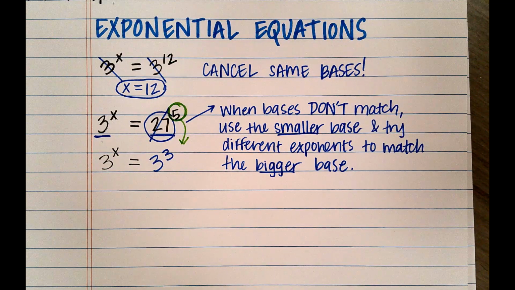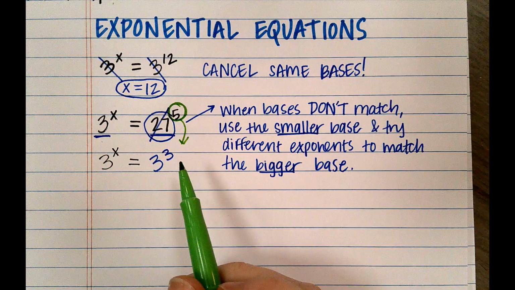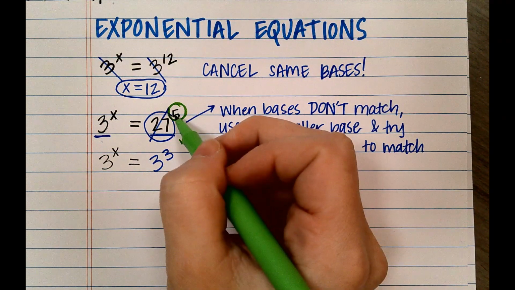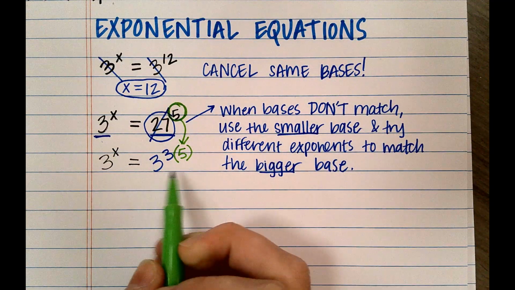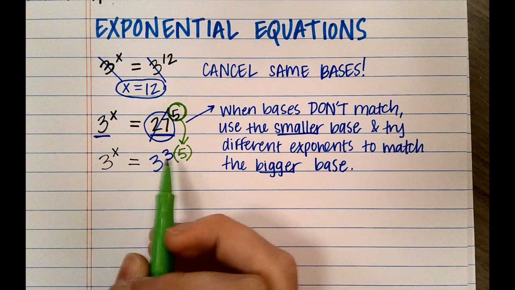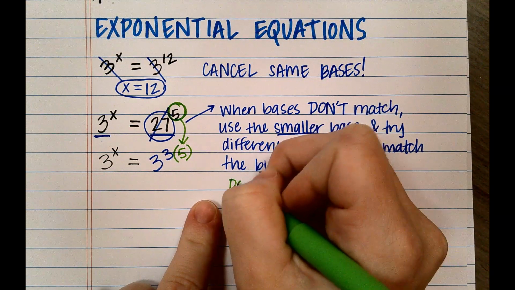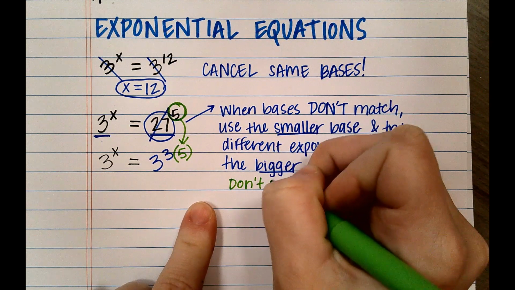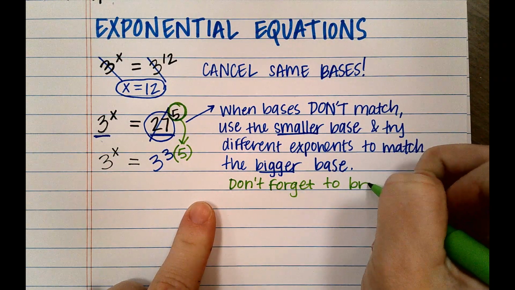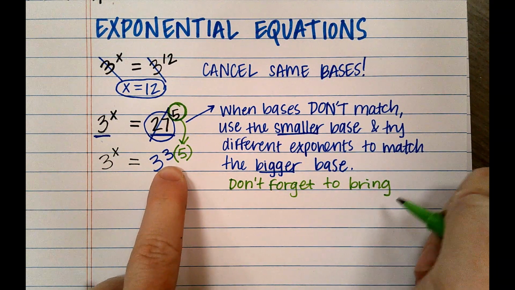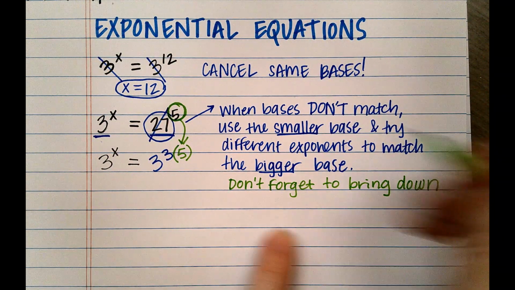You bring down that 5, and it gets multiplied with the exponent 3. So it'd be 3 to the 15. Yes. So don't forget to bring down exponents.